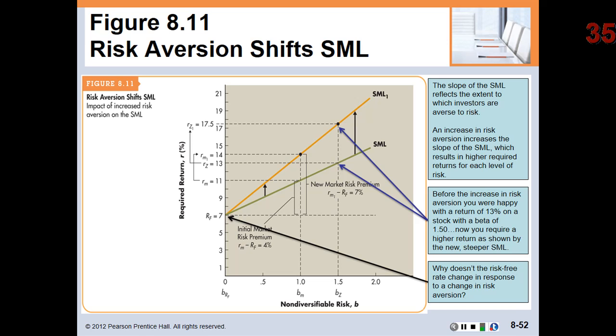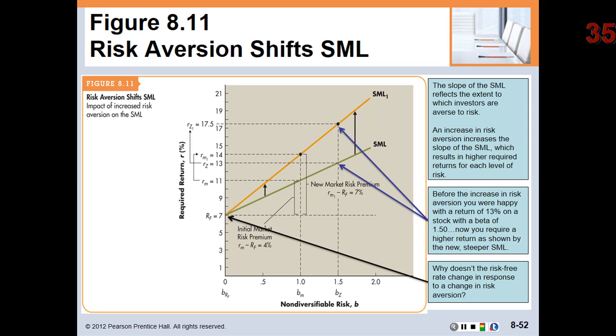But past a beta of 2, we may become ultra risk averse. Then, at least theoretically, you could see the slope actually increase more. So you might have this nice straight line to here, and then from this point forward, you might have a steeper slope. And that could happen. But again, that's up to the investing public overall to determine that.